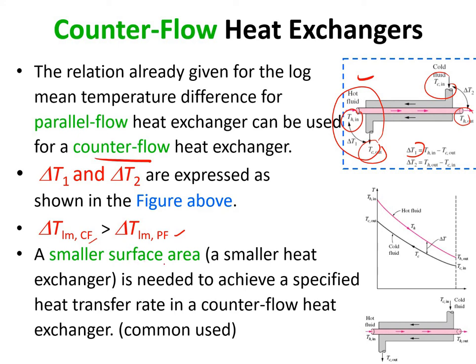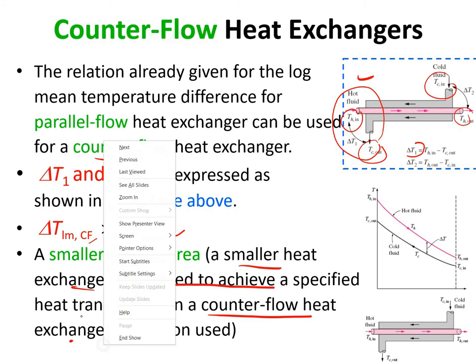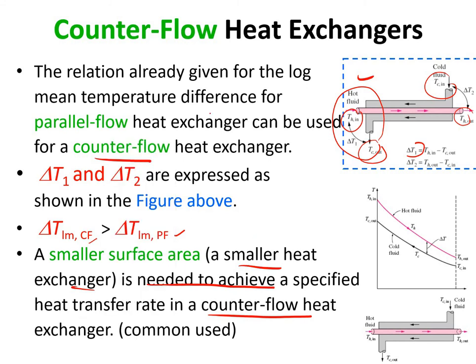A smaller surface area, a smaller heat exchanger, is needed to achieve a specified heat transfer rate in the counter flow heat exchanger. This is because this delta T log mean is bigger, so that's why we need a smaller size of heat exchanger for the counter flow.